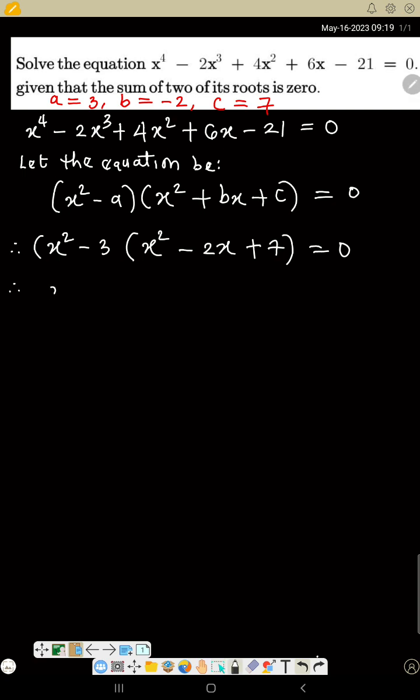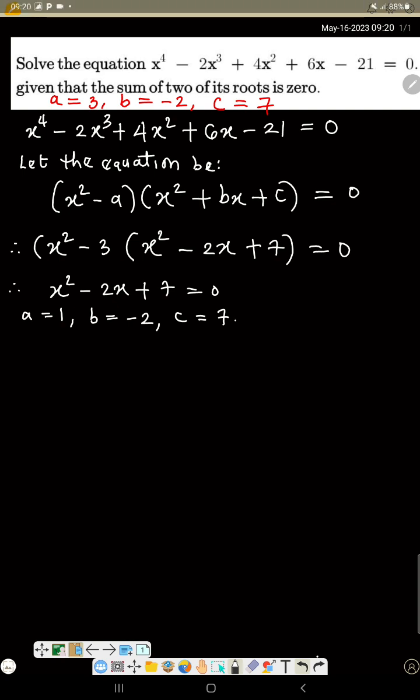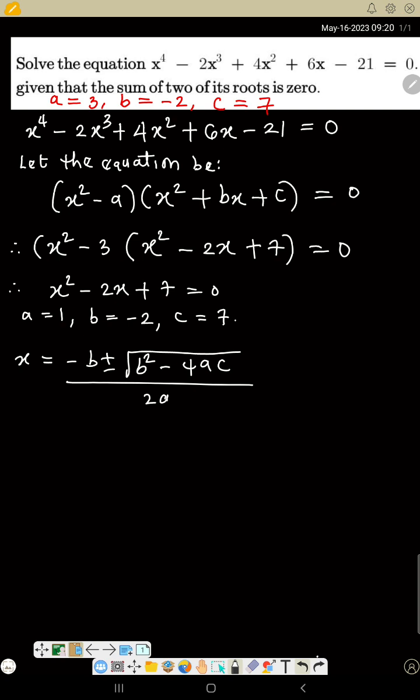So from x squared minus 2x plus 7 equals 0, a is 1, b is minus 2, c is 7. So use formula method. So s is equals to minus b plus or minus square root of b square minus 4ac everything over 2a.